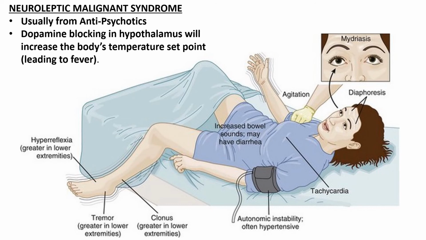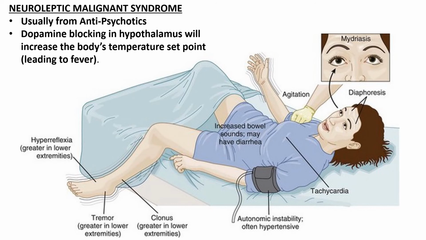So they typically have a very high temperature. They're very agitated. They're sweaty. They have autonomic instability, meaning their blood pressure can be very high, then very low, then very high. They can have extremely fast heart rates with it.